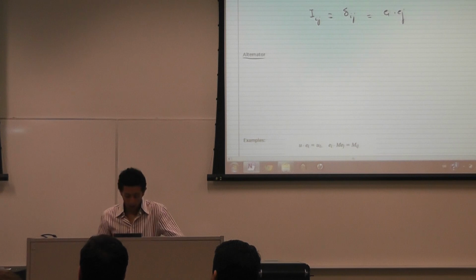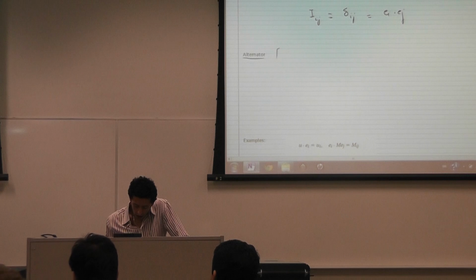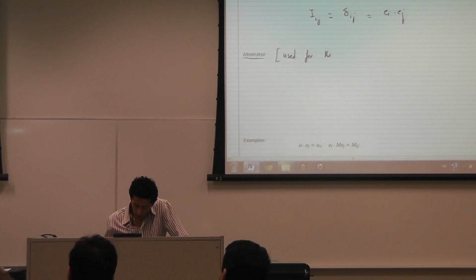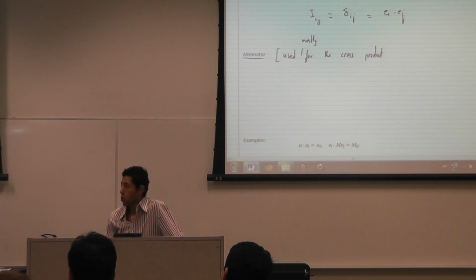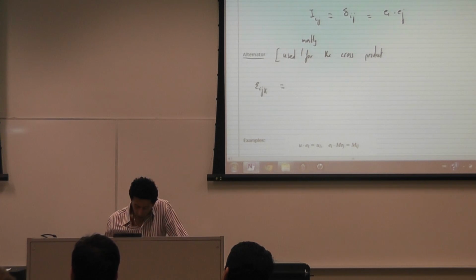The alternator is a symbol that's used for the cross product. Because we know that the cross product depends on the order of the vectors, I introduced the symbol epsilon ijk, which has one of three values: 1, -1, or 0.